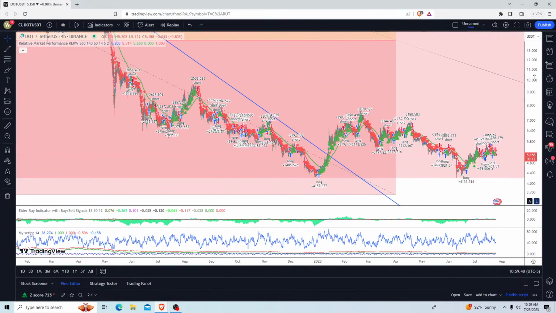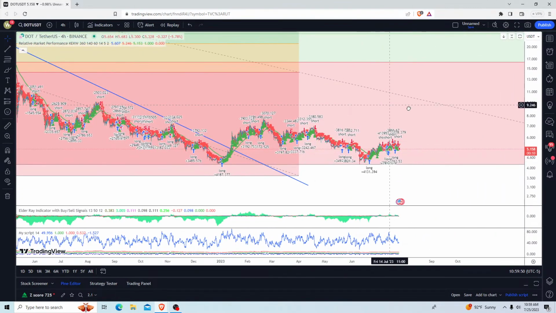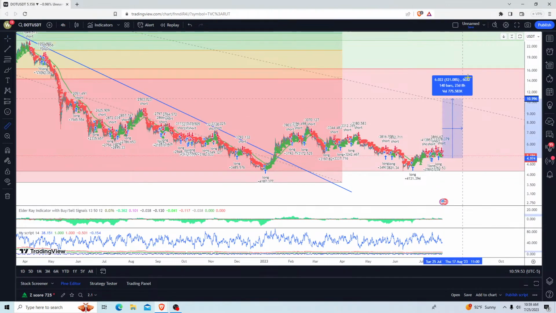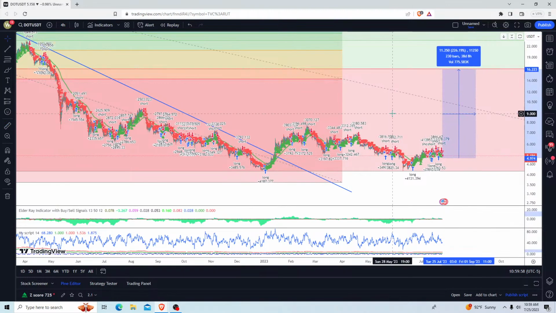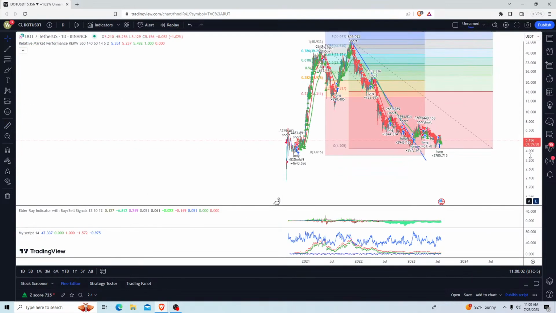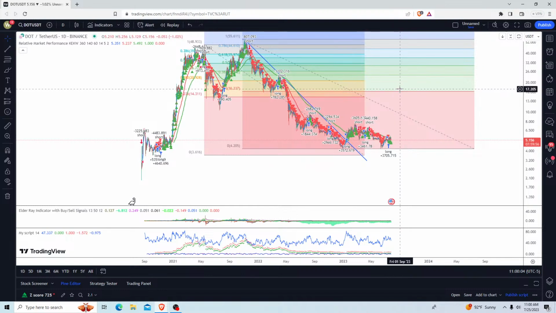So if you're talking about risk to reward, your reward is coming back all the way, you know, $16, right?